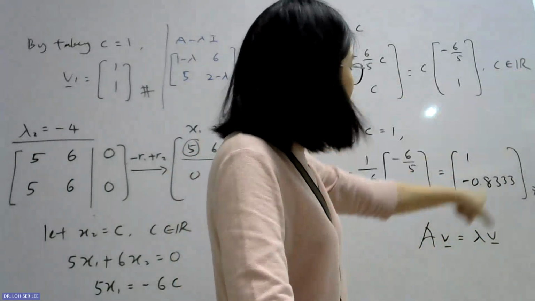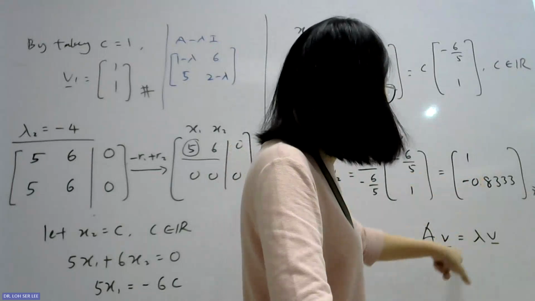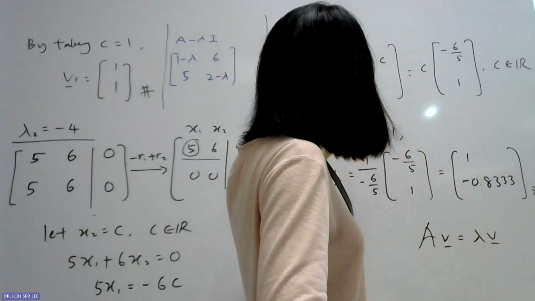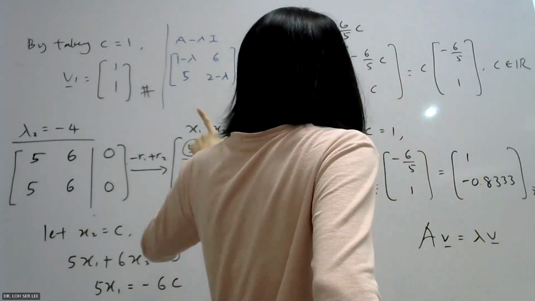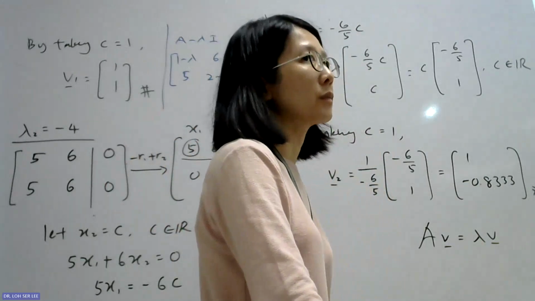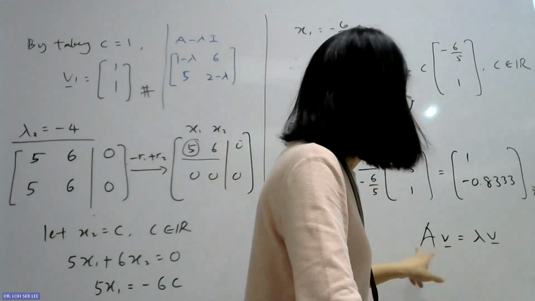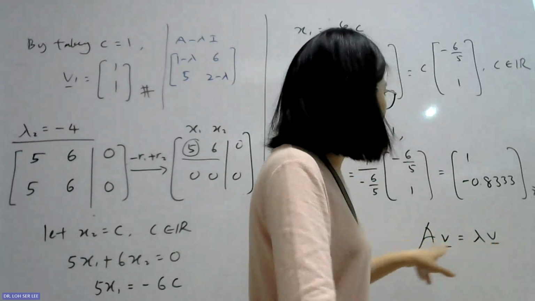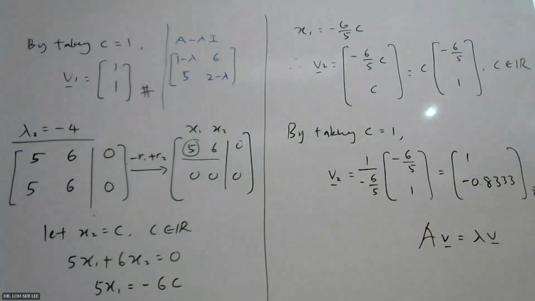This is your A, this is your B, this is your lambda. You can do the checking on your own, just like the linear system: when you substitute x1, x2, x3 back into the linear equations, you should get the same values.